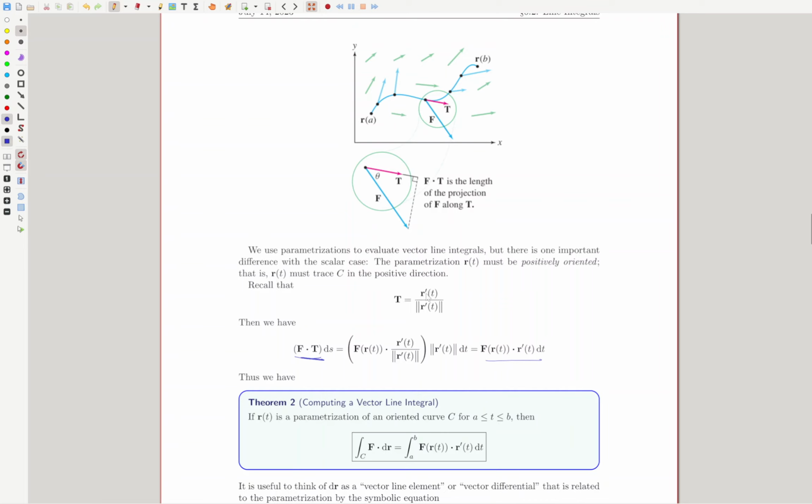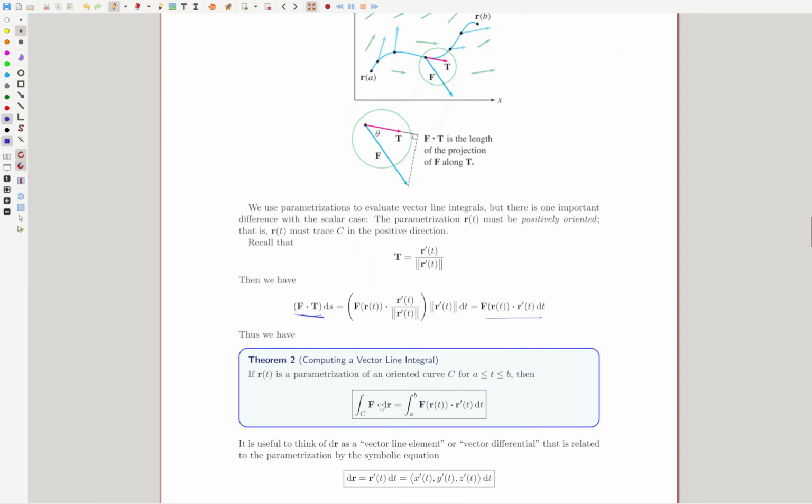You take the derivative of your parameterization and then you normalize it, divide by its magnitude. So that gives you that, and then we start inserting the parameterization here. The ds is this norm of r prime times dt that was shown above. That's kind of just a definition. And you can see that these two parts cancel, which then gives you this final expression. And so we're justified in saying that this is equal to this.